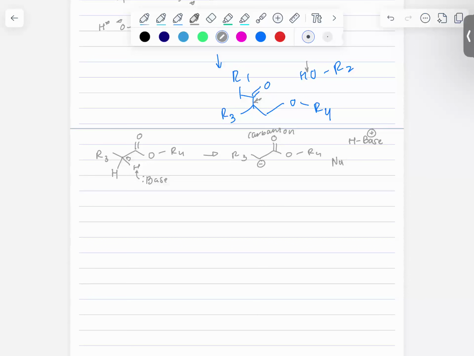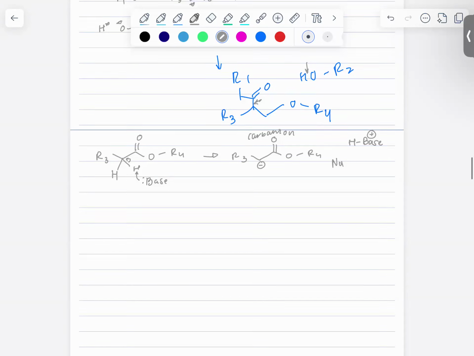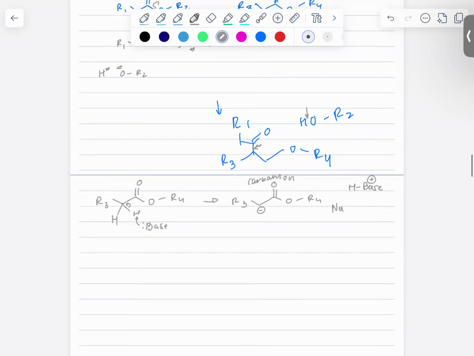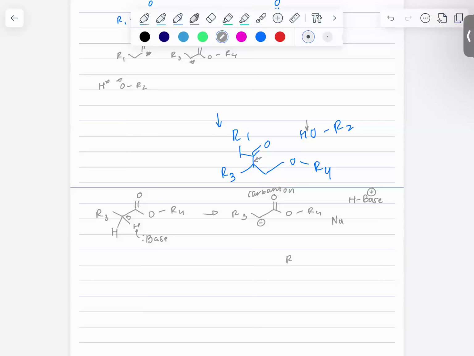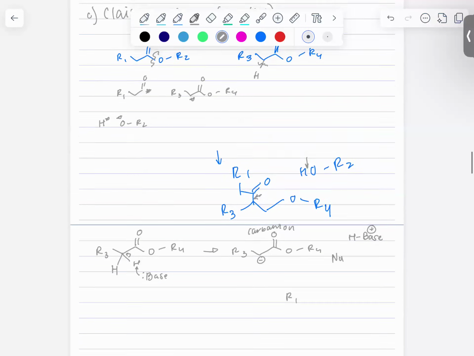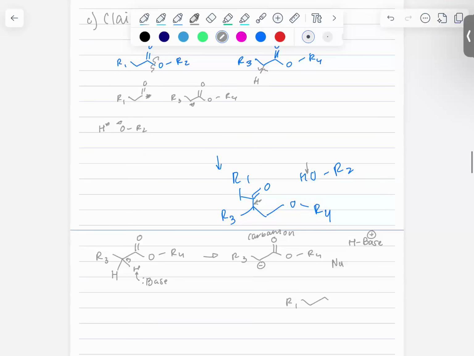Do we have an electrophile around? Mm-hmm. It's a similar idea as the aldol, where we have this double bonded O that is making that carbon of the carbonyl a little electrophilic.